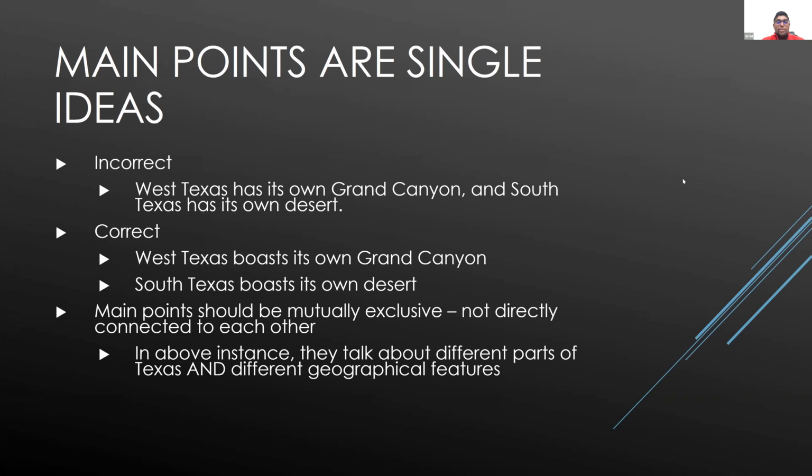Main points should always be mutually exclusive, not directly connected to each other. So in this above example, we see that I'm talking about different parts of Texas and different geographical features. When that's the case, I shouldn't present that as one main idea. Those should be 2 separate main ideas so the audience would not get confused.